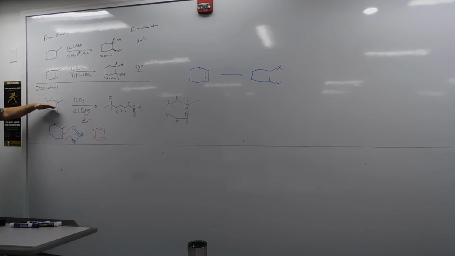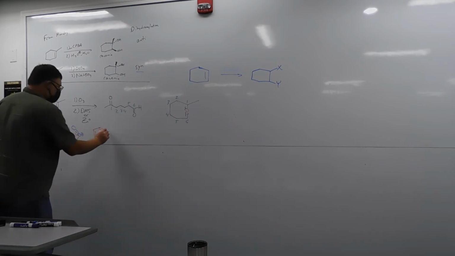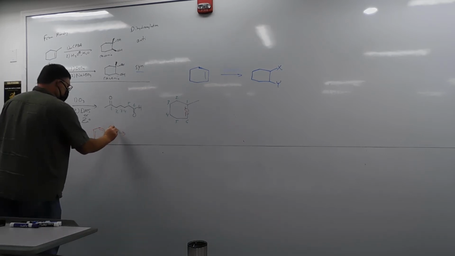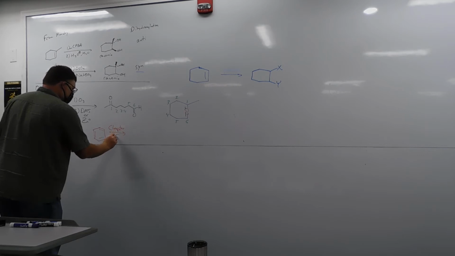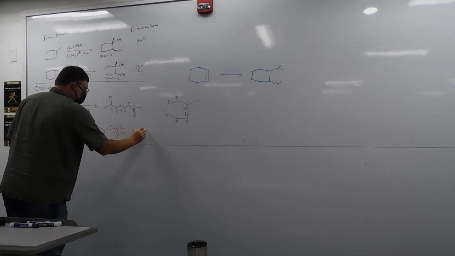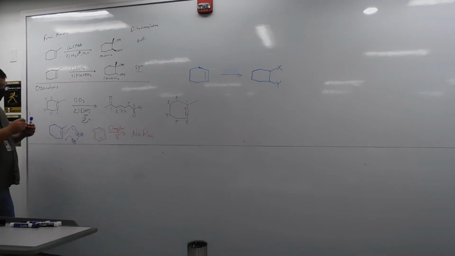I've been doing all these examples with the 6-membered ring with an alkene in it. And so it would be very logical for you to look at benzene and say, well, that just does all these chapter 8 reactions 3 times. Here's the thing though. Benzene doesn't do any of the chapter 8 reactions.